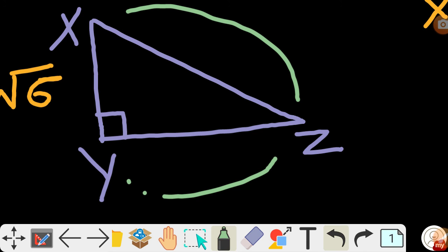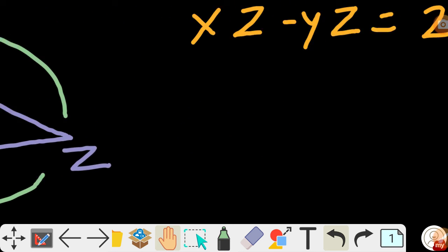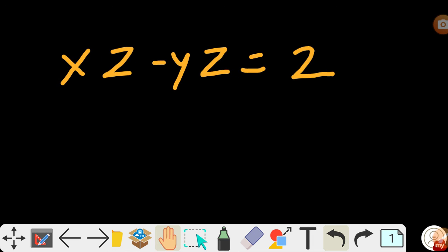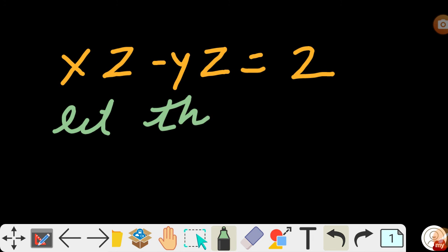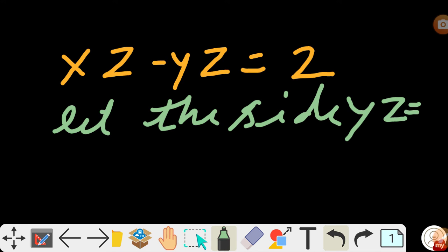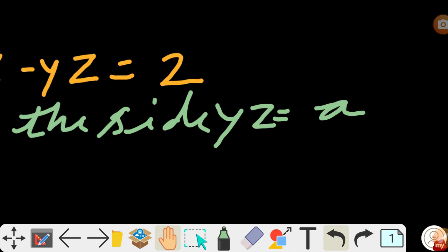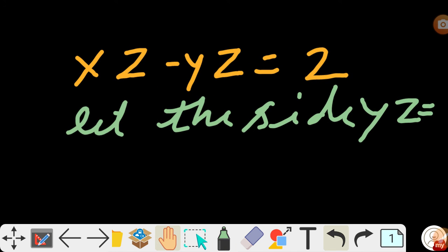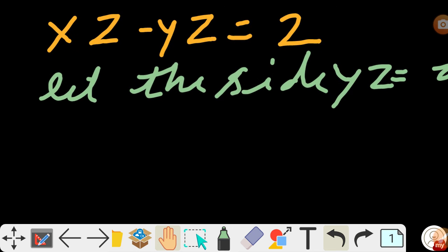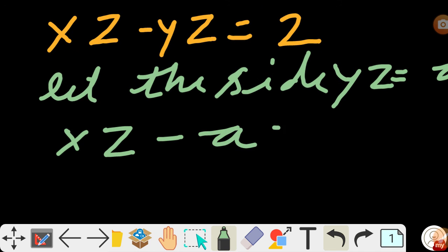So let the side YZ equal to a. Then put this value in the above equation, XZ minus YZ: XZ minus a equal to 2.